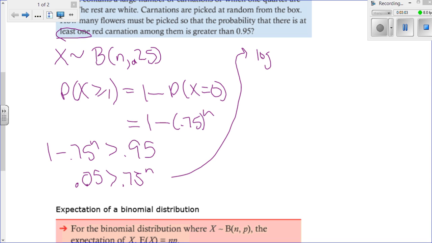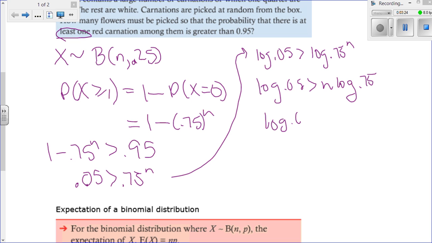So I have the log of 0.05 is greater than the log of 0.75 to the n. Then bring the n out in the front and divide by the log of 0.75. So the log of 0.05 over the log of 0.75 is greater than n.